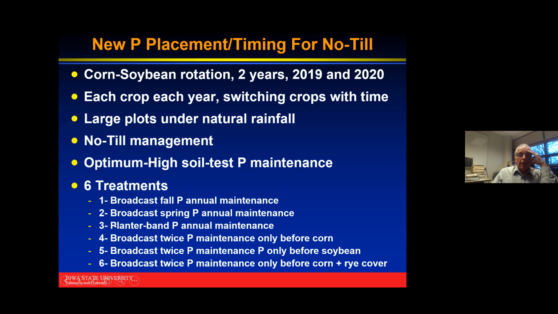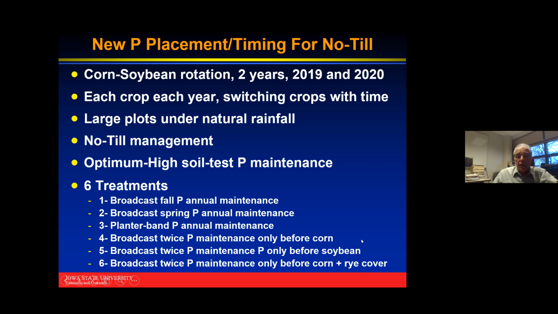Then we have the planted band P, annual maintenance. So we can directly compare this because the rate and the timing were the same. Then we have broadcasting twice P maintenance only before corn, and broadcast twice P maintenance only before soybean.